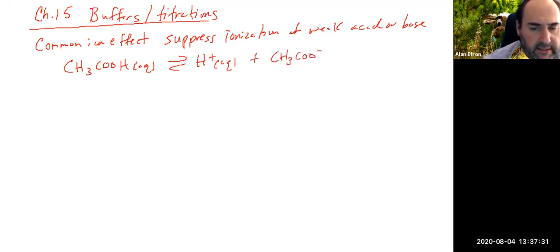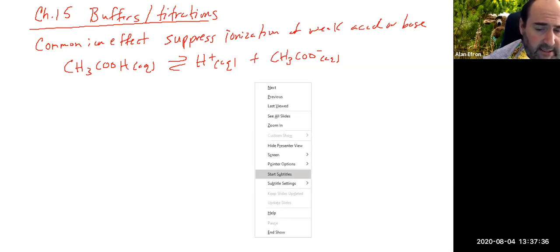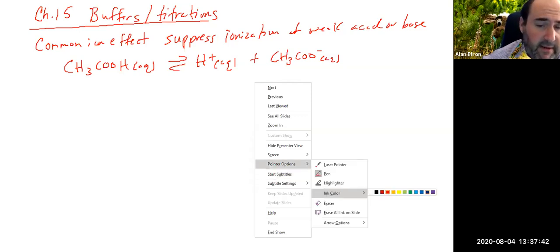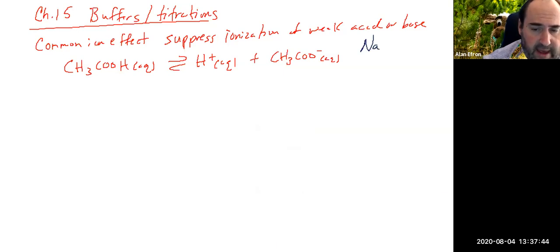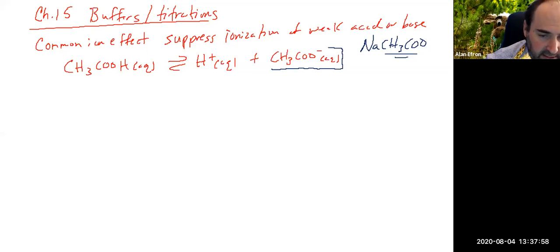And if we had the acetic acid not in just water by itself, but in a solution that contained sodium acetate, because sodium acetate is a salt, it will 100% break apart into sodium and acetate. Putting it into a solution like that is like adding more acetate, which is our common ion. And Le Chatelier's principle says it will shift to the left in this case.